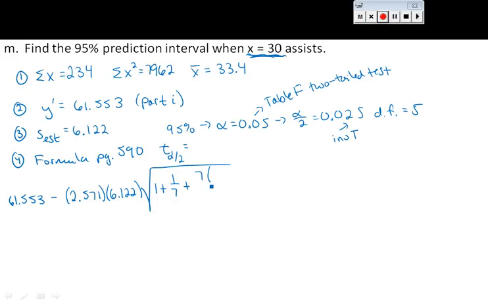So it's going to be 30 minus x bar. That whole quantity is squared, divided by sample size times the sum of x squared minus the sum of all of our x's, that quantity squared.